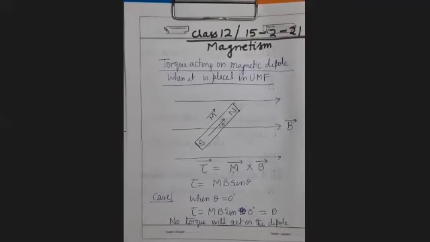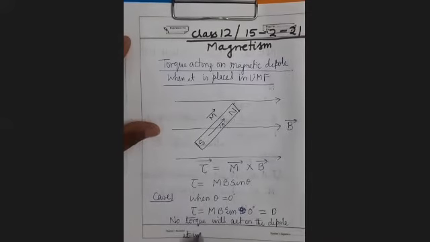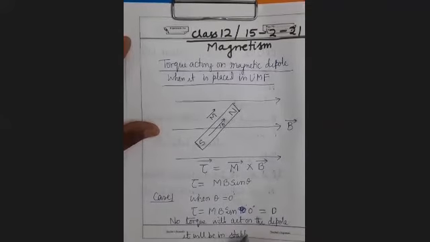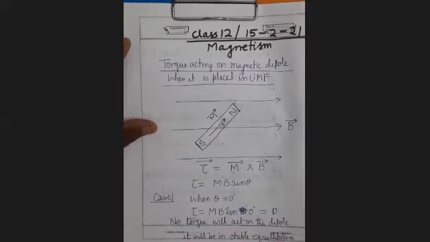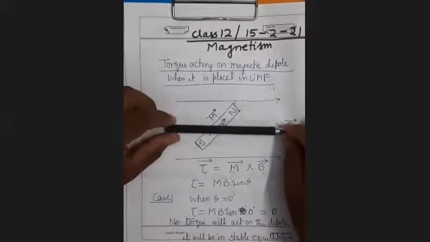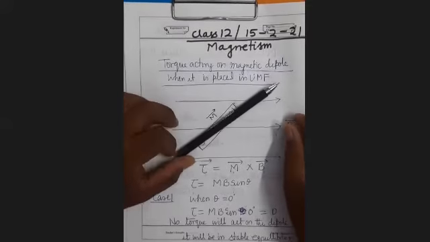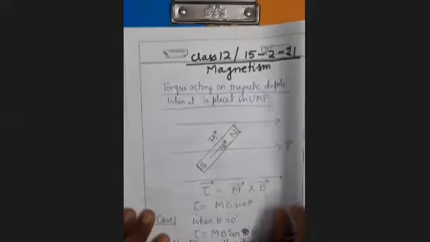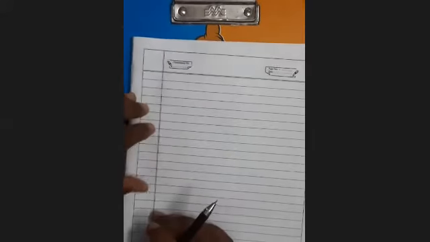And it will be in the stable equilibrium position. Means from this position, if you apply an external torque, it will come to a new position. External torque means you have applied the torque.